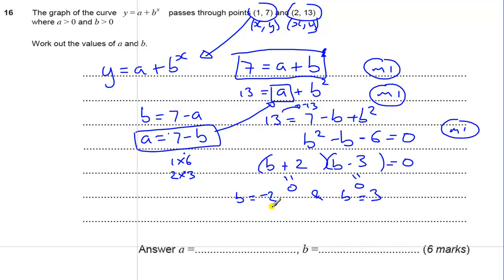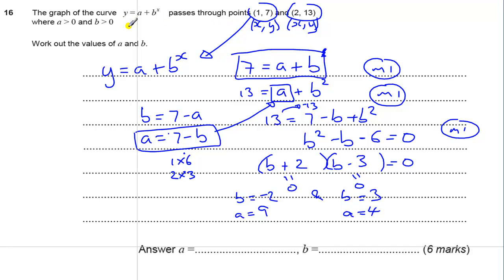And just to finish off, we need to find the a that goes with this. A is going to be equal to 7 take away b. 7 take away minus 2 is 9, and a is going to be 7 take away 3, which is 4.